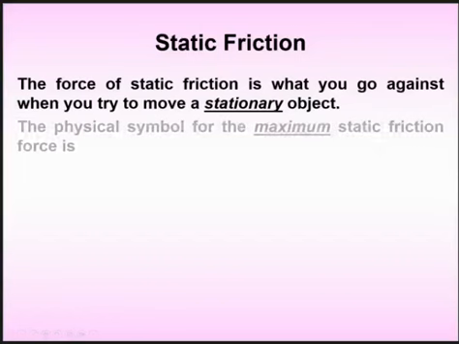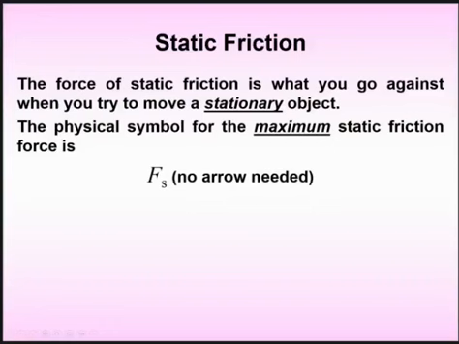Nice. Okay. So everyone, what is the symbol for the maximum amount of static friction that is making sure the object doesn't move? Instead of FSF, it's just FS. Uppercase S or lowercase s doesn't matter, as long as your capital F is there. Why is there no arrow needed? By the way, technically it's still a force, it's still a vector.